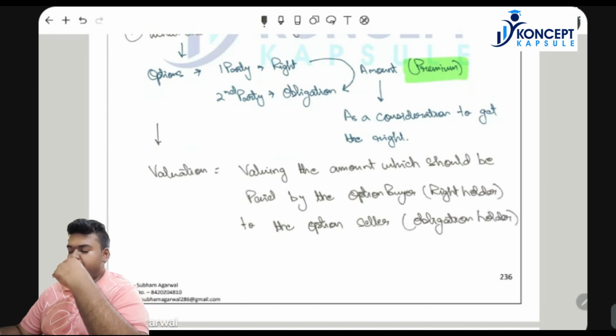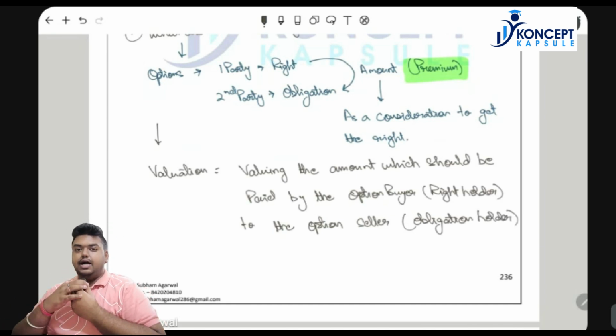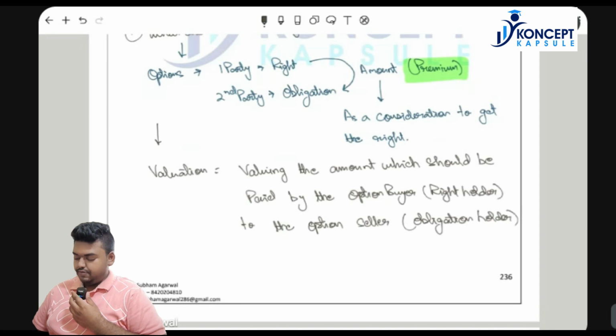So basically, what are we valuing? We are valuing the amount which should be paid by the option buyer to the option seller. So basically, what we are doing in short, we are calculating the premium amount.